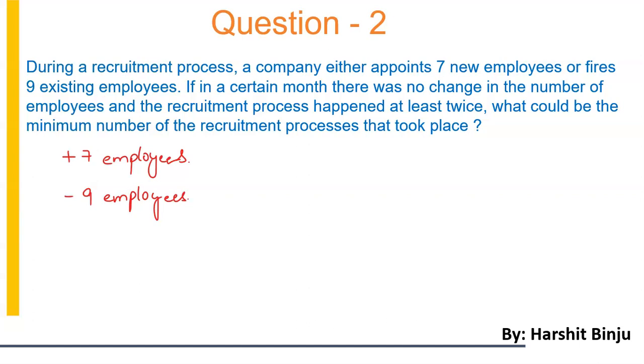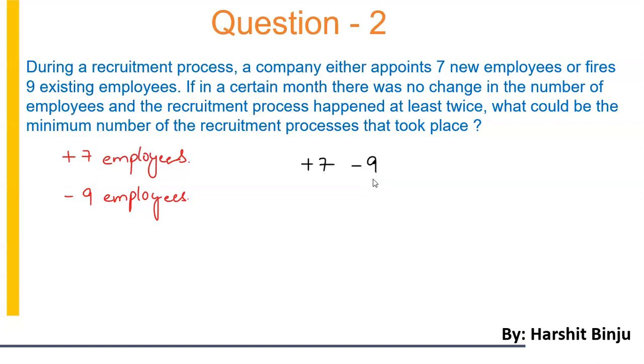So let's suppose, first of all, they had a round of appointment and they appointed 7 new employees. In the next process, they said, okay, we need to fire some people, so it's going to be -9. Now, if the process happened twice, one appointment and one firing, we're going to have 2 employees short in comparison to what we had at the start.